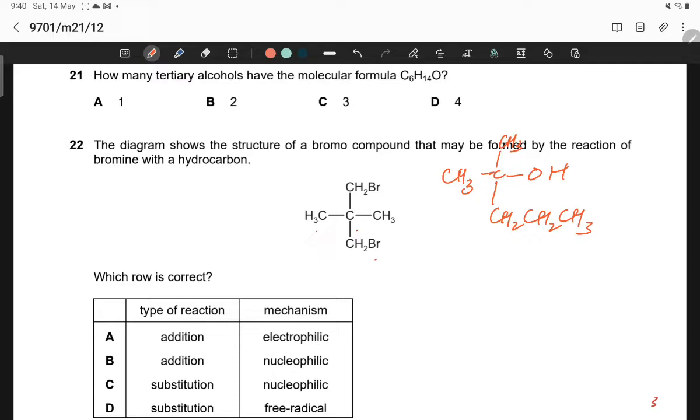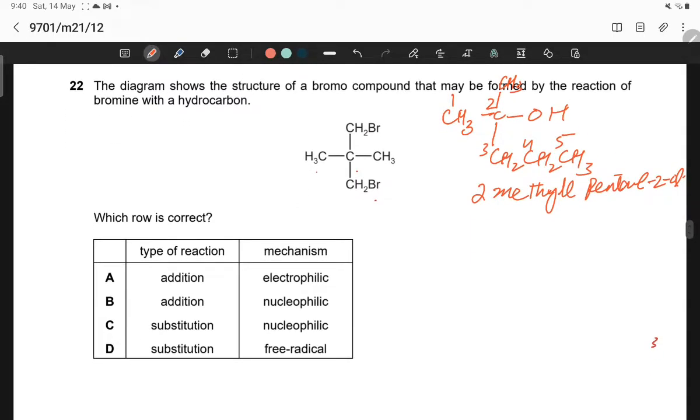So this is 2-methyl pentane 2-ol, numbering carbons 1 2 3 4 5.